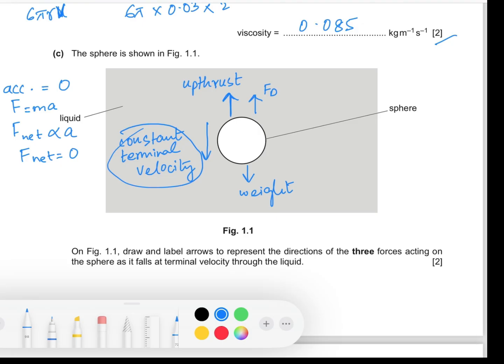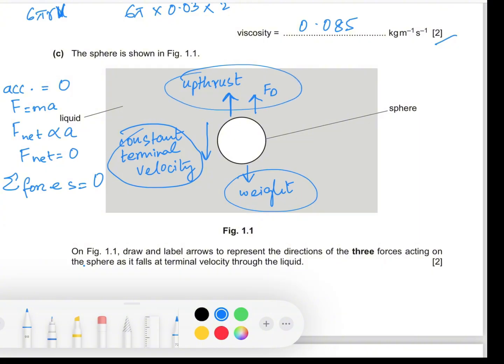And in the case of this sphere, we see that it is moving with constant velocity. That means the sum of all of the forces acting on the sphere must be equal to 0. And in this question, we are going to consider these 3 forces acting in the vertical plane.